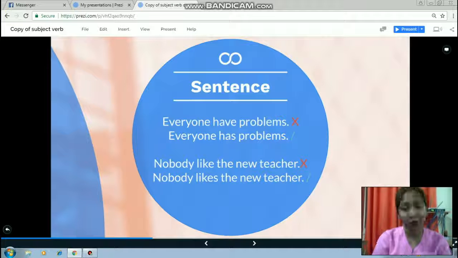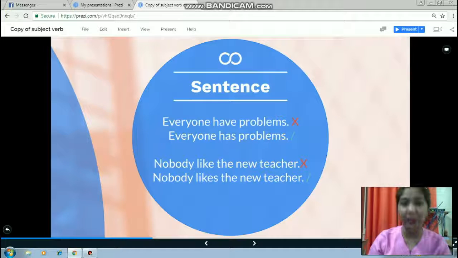A noun is different from a verb. Okay? Definitely they are different. In verbs, if the verb has S at the end of it, that is singular. If the verb has no S at the end of it, it means that is plural. So, likes, singular; like, plural.